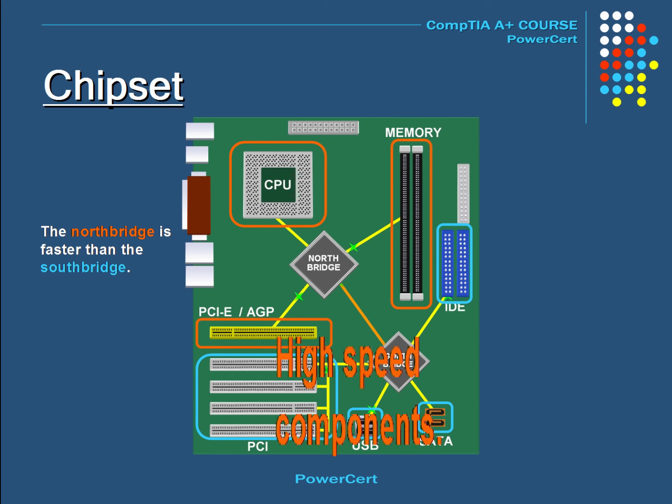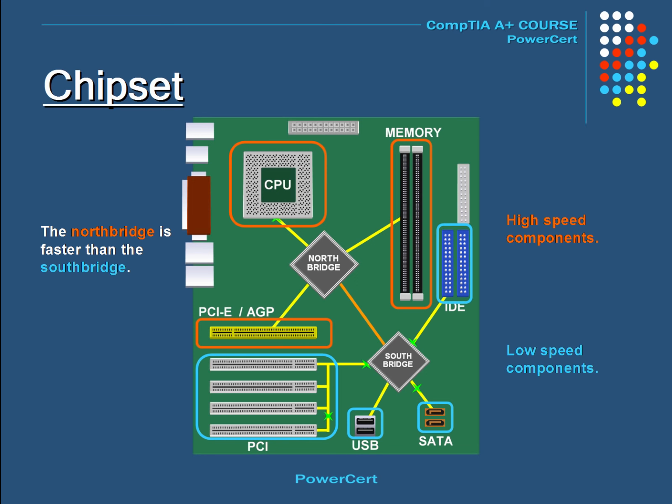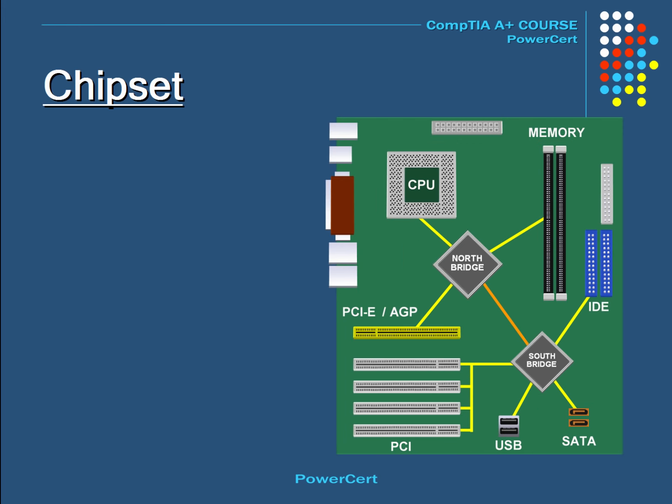So basically the higher speed components are connected to the north bridge, and the slower components are connected to the south bridge.